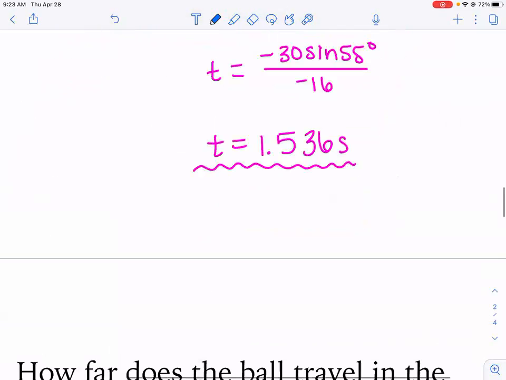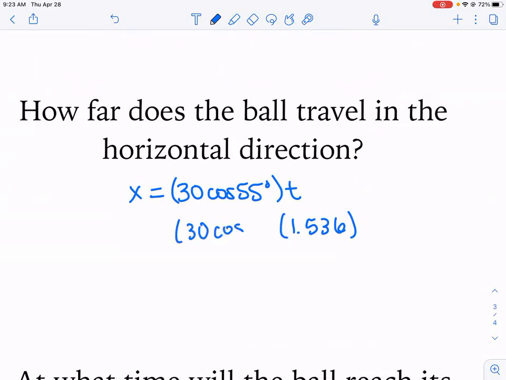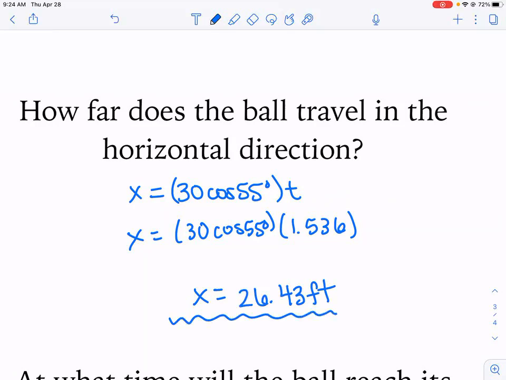So we can plug in 1.536 for t. Yep, we need labels. Okay, so 26 feet.